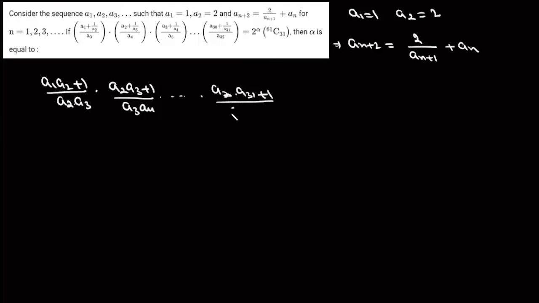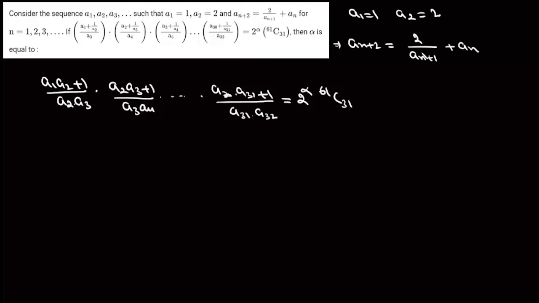We need to prove A1 A2 plus 1 upon A2 A3 into A2 A3 plus 1 upon A3 A4 and A30 into A31 plus 1 upon A31 into A32. This is equal to some 2 to the power alpha, 61C31. Now since we have A1 A2, A2 A3, so we need the product of A_n and A(n-1).